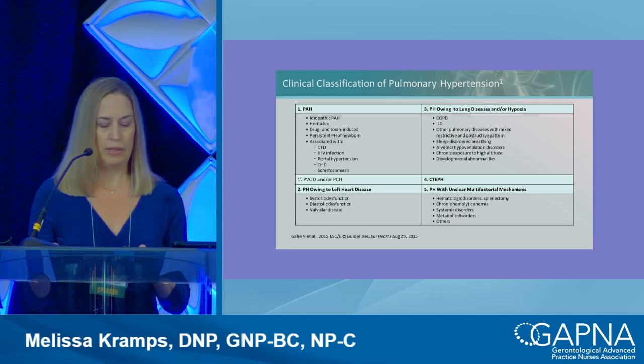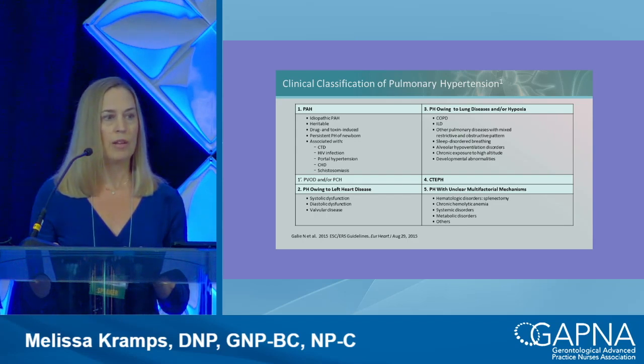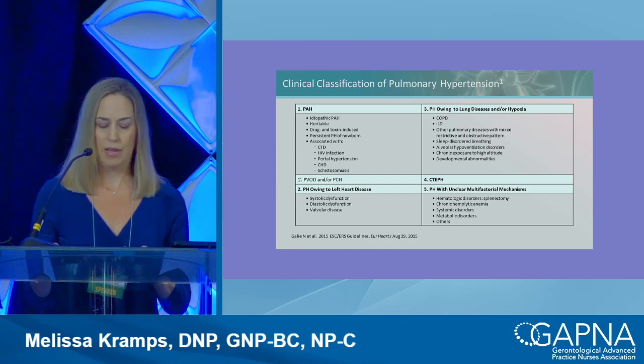Group 4 relates to pulmonary artery obstructions. This is also a precapillary process. It is most associated with chronic thromboembolic pulmonary hypertension, or CTEPH. This is when pulmonary emboli occlude either the small or large arteries of the pulmonary system. This is the only potentially curable form of pulmonary hypertension.